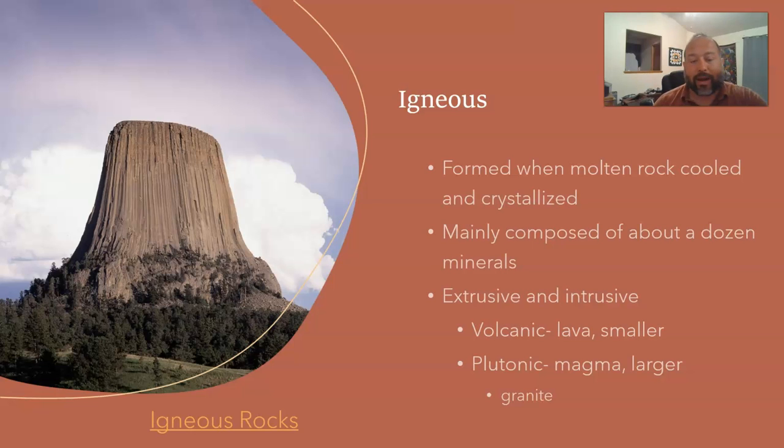And granite, which we are familiar with so far in this class because of the Sierra Nevadas and the fact that granite is such a huge part of the shaping of the Sierra Nevadas.